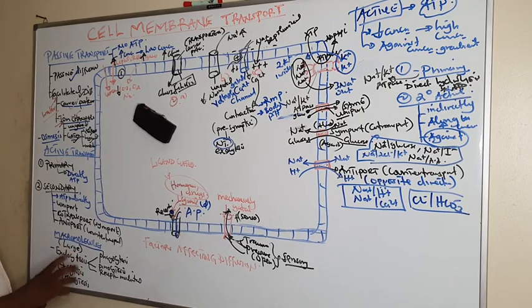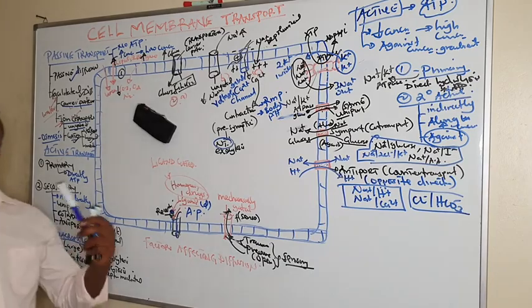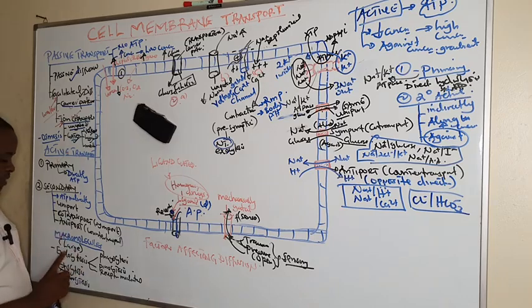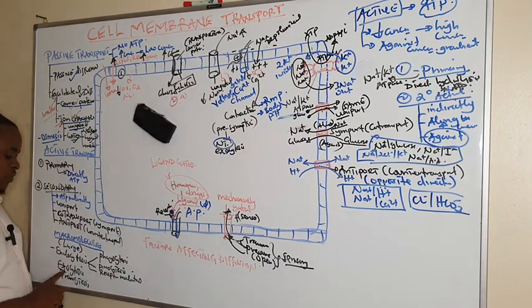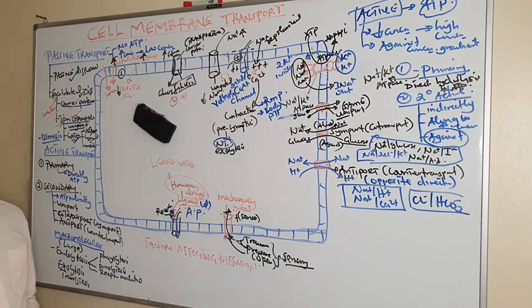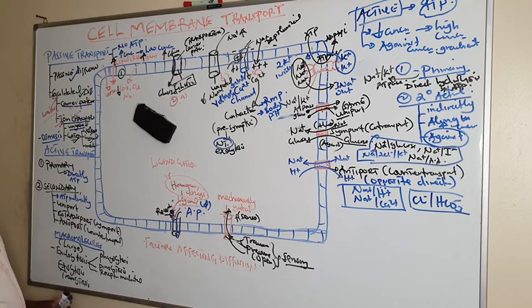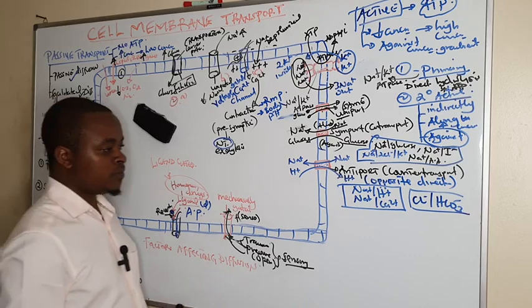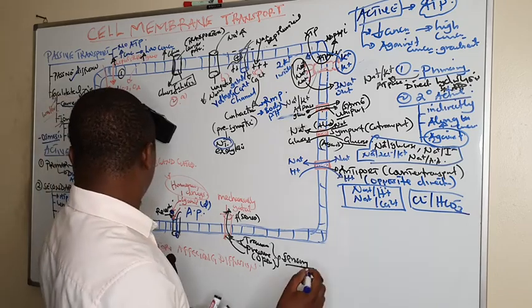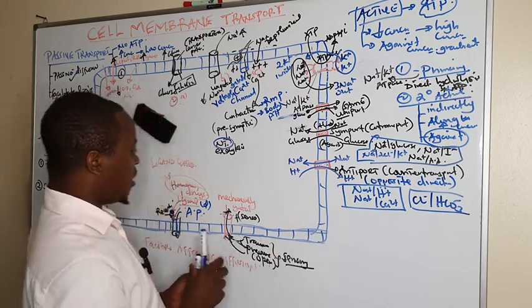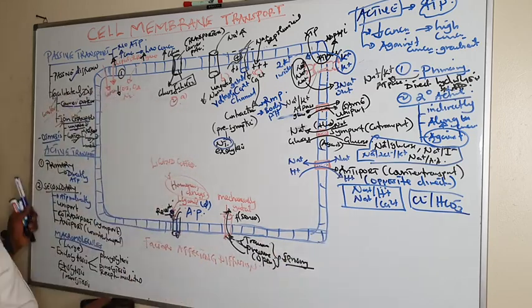And here under macromolecules, these are the ones which are big in size, and they move either by endocytosis, exocytosis, or transcytosis. So we want to see how these movements occur in the cell. And we are beginning with endocytosis. We are looking at movement of macromolecules.